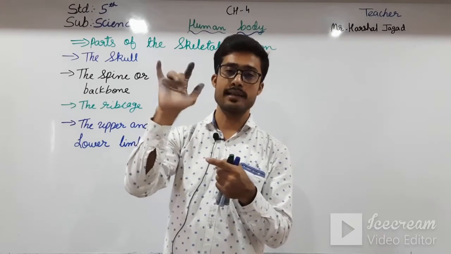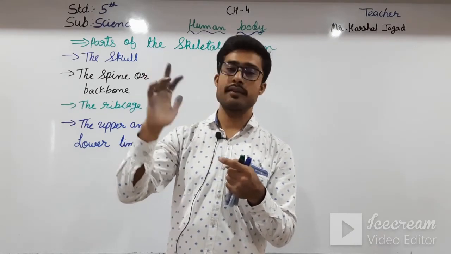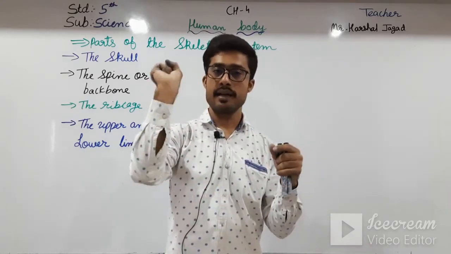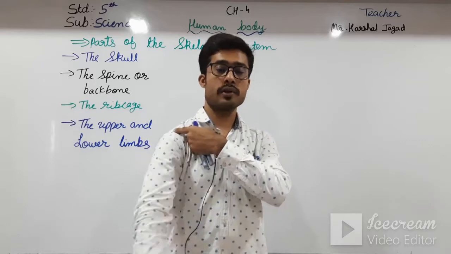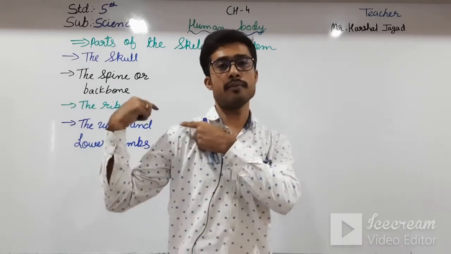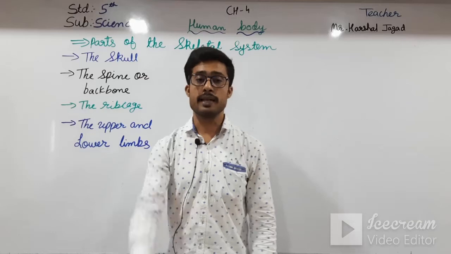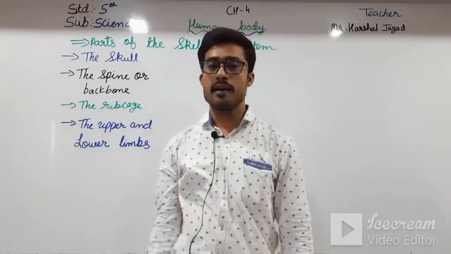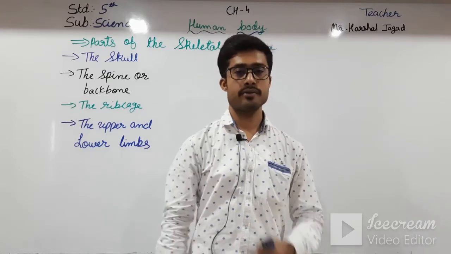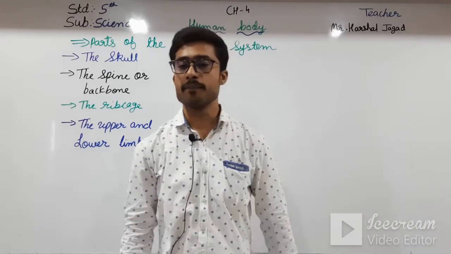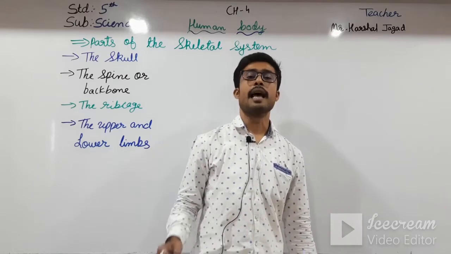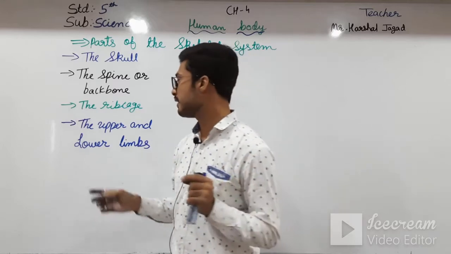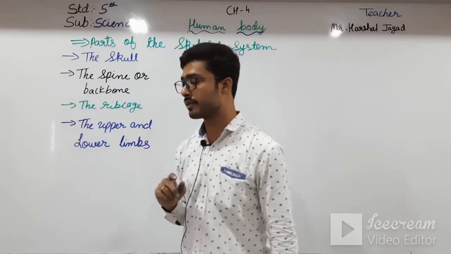In the finger you can see that we can bend the finger because there is a joint over here, and also here. See here, it is a rounded bone joint, so we can throw the ball and rotate our hand. Okay students, so this is a rounded bone, and the legs also are movable. So this is all about the upper and the lower limbs.